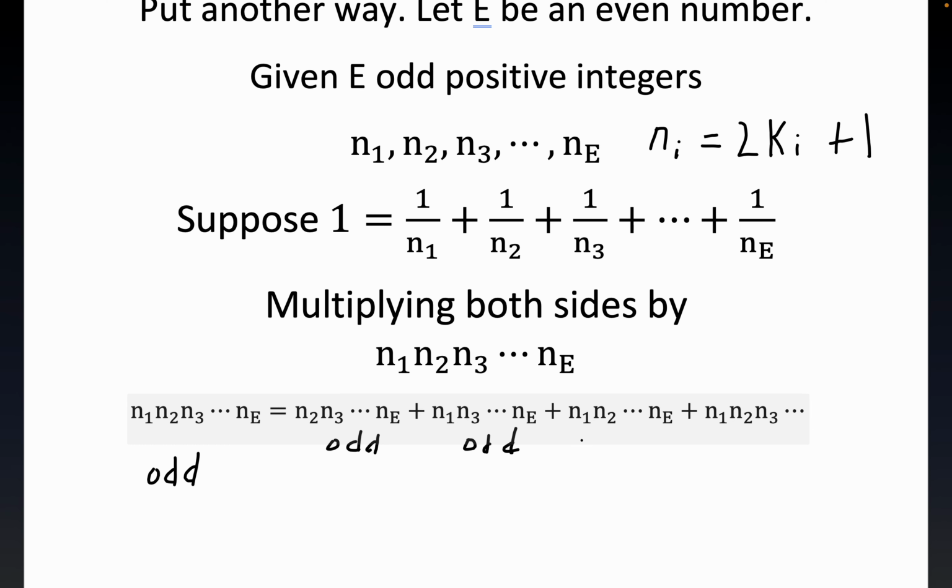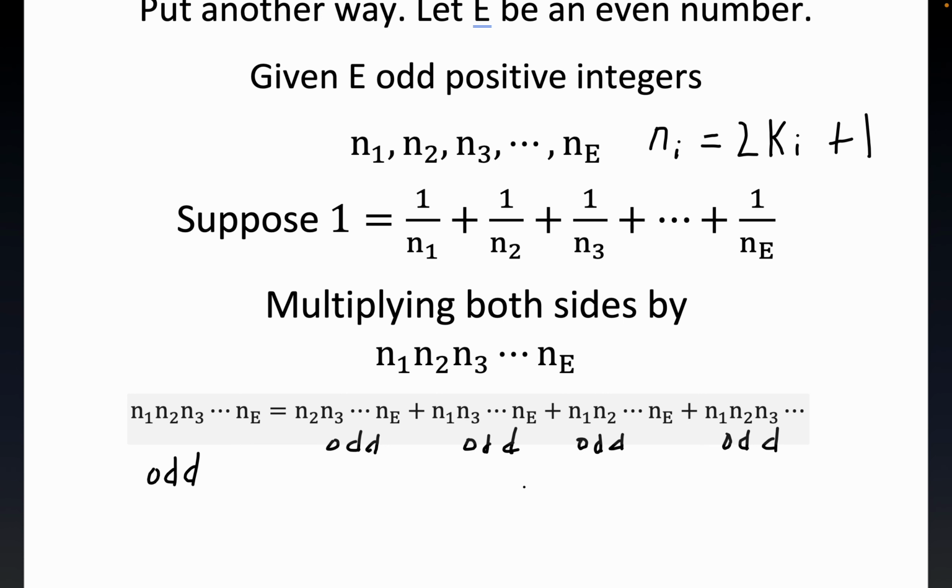All the way across, every one of these is odd, but there are an even number of them. And the very last one is odd. Notice how the very last one canceled here. N sub E cancels.